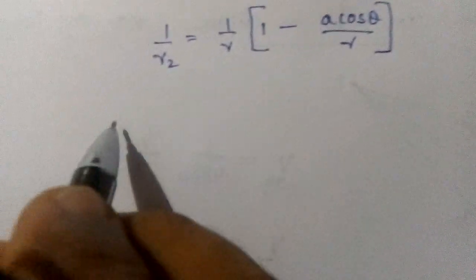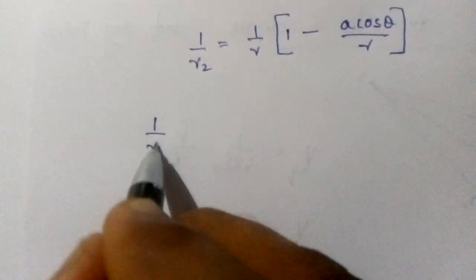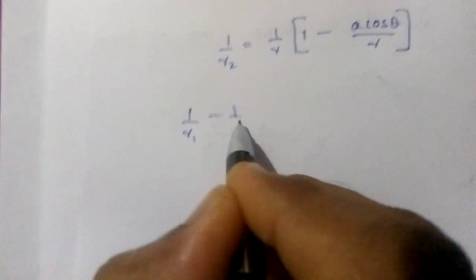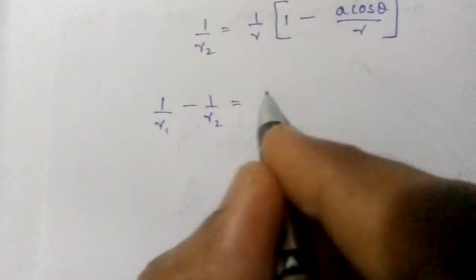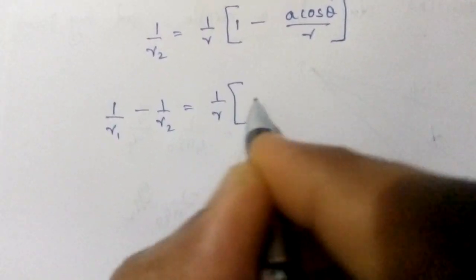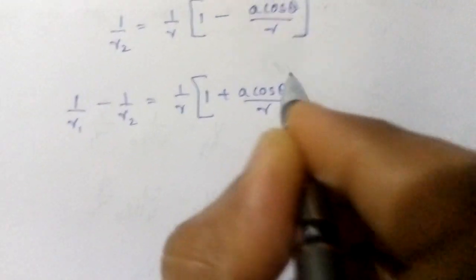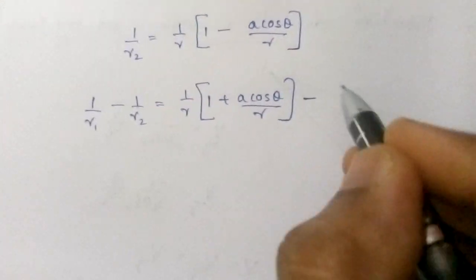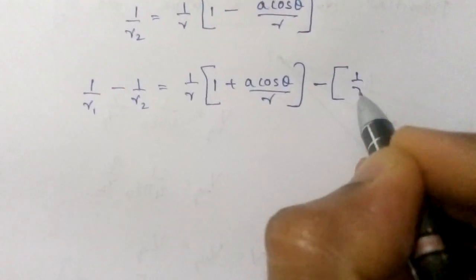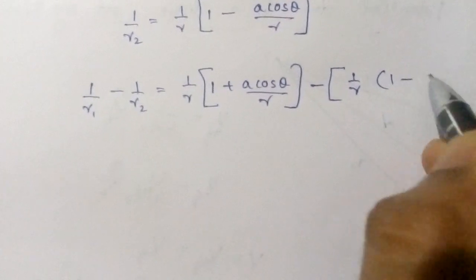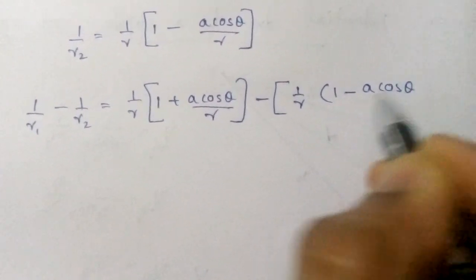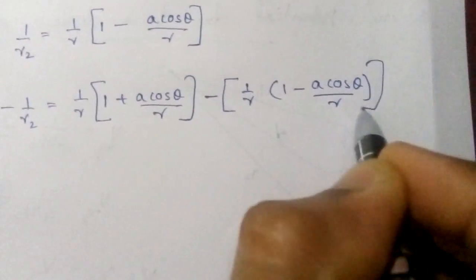So we can find 1 by R1 minus 1 by R2, that is equal to 1 by R into (1 plus A cos theta by R) minus 1 by R into (1 minus A cos theta divided by R).